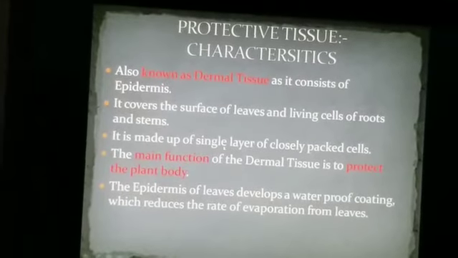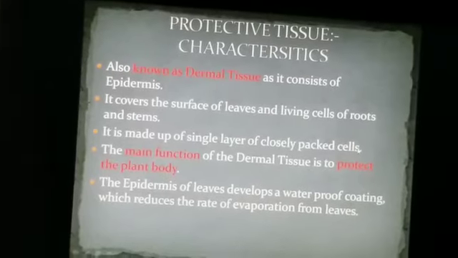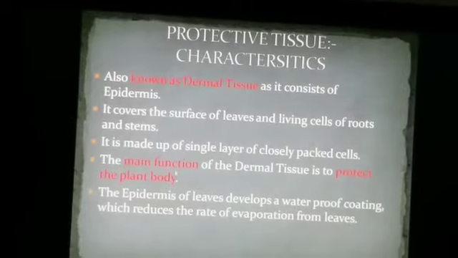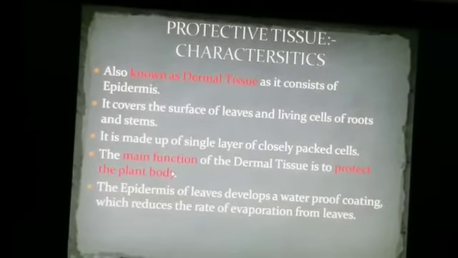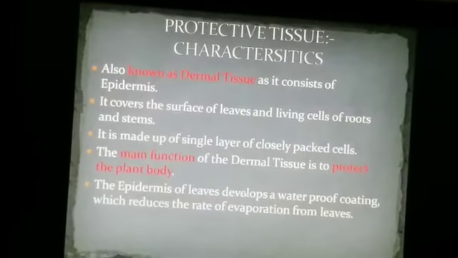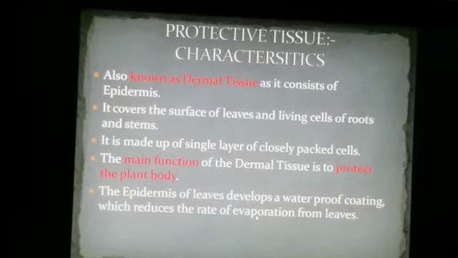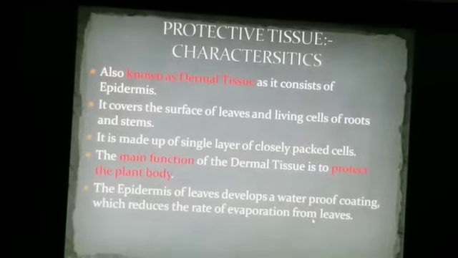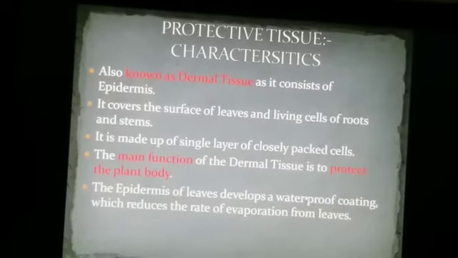Protective tissue is made up of a single layer of closely packed cells, because there is hardly any gap in between them. The main function of protective tissue is to protect the plant body. The epidermis of leaves develops a waterproof coating, which reduces the evaporation rate from the leaves. This is the most important work done by the epidermis, to provide the waterproof coating on the leaves.